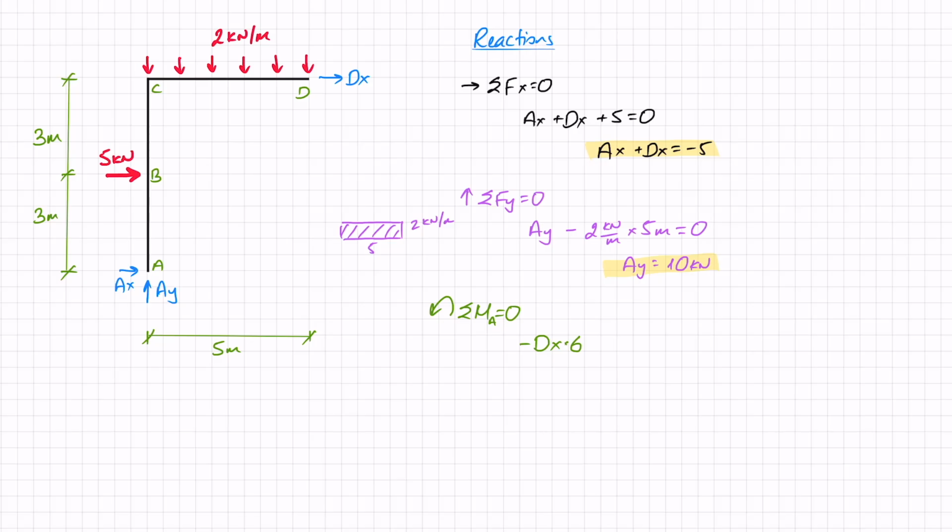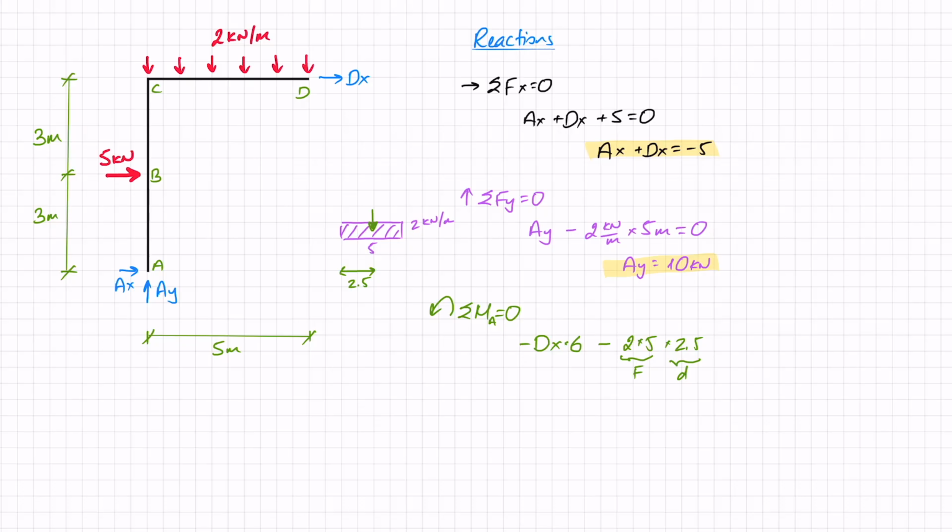I've also got that distributed load, which also contributes a negative moment, so minus the force, that is 2 times 5, and the distance is going to be in x. Really the distance is from where that resultant force would be, in the middle of the 5, and the distance along x to A is 2.5 meters, so times 2.5.